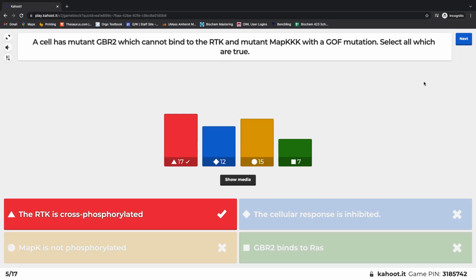MAPK has to be phosphorylated because MAP3K is active, right? MAP3K is downstream of the GRB2 mutation, so it does not care. Anything after the mutation, nobody cares about the GRB2 at that point. So if MAPK is after MAP3K, it does get phosphorylated, it is activated. The cellular response is activated, yeah?